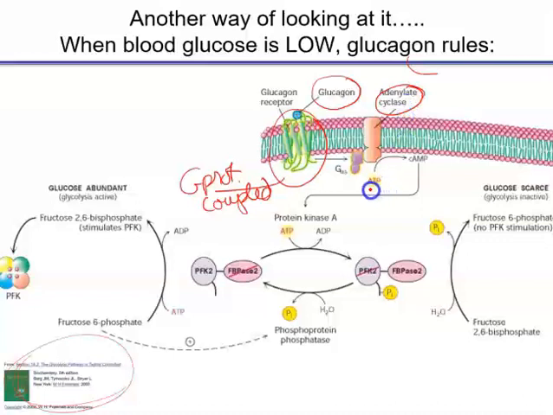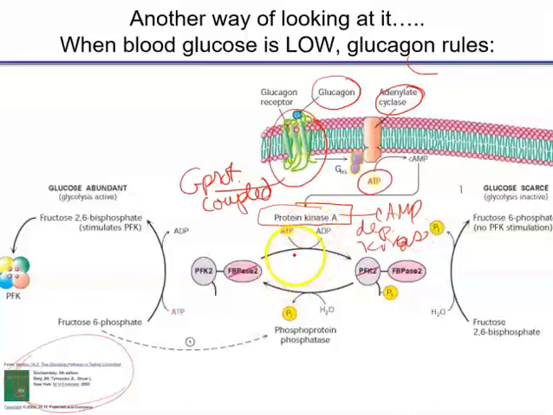Adenylate cyclase is going to cyclize ATP to form cyclic AMP. Then cyclic AMP is going to bind to and activate protein kinase A, right? Protein kinase A is a cyclic AMP dependent kinase. And PKA is going to phosphorylate the phosphofructokinase 2, fructose bisphosphatase 2 bifunctional enzyme, and will cause the fructose bisphosphatase activity to be active.